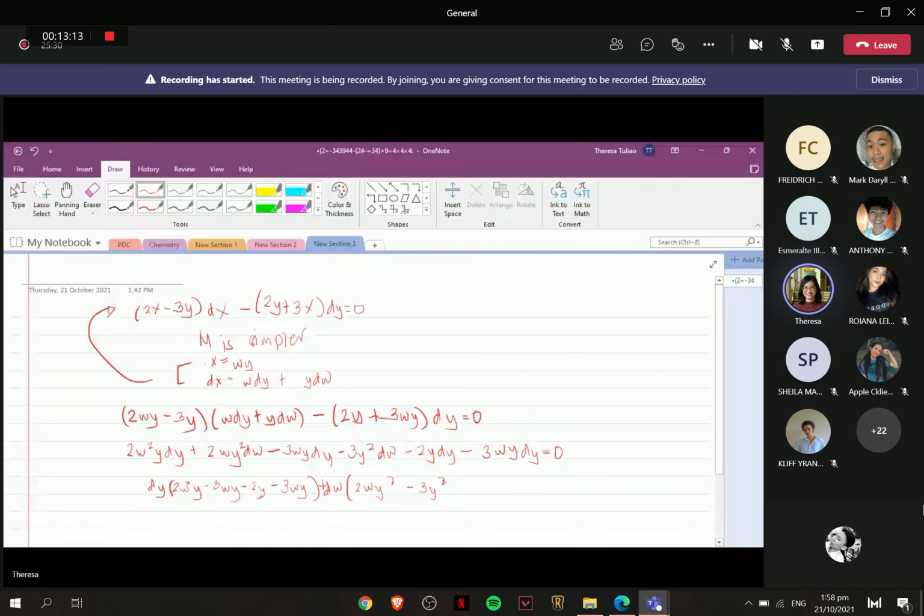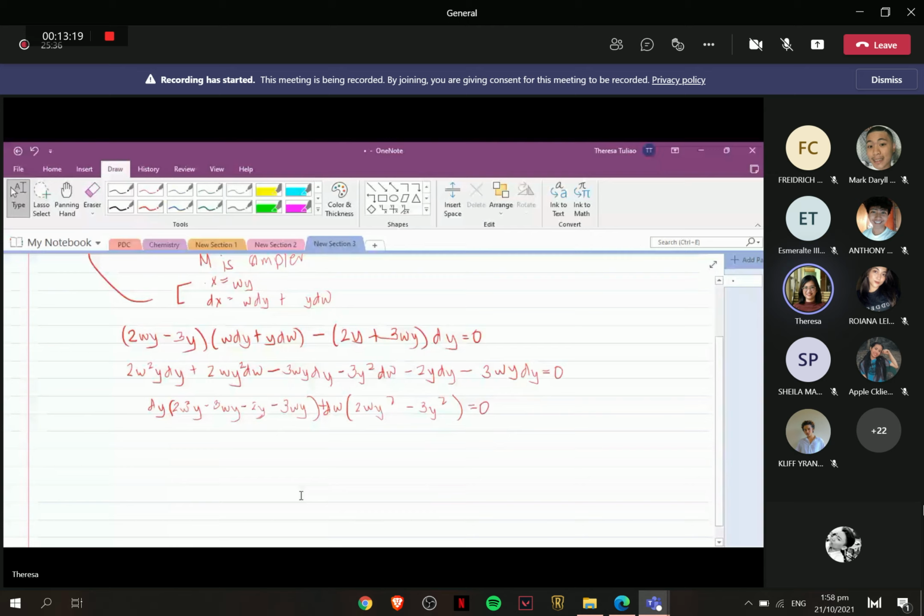Kung meron pang isi-simplify, that will be this one, dy (2w squared y minus 6wy, galing dito, minus 2y) plus dw (2wy squared minus 3y squared) equal to 0.